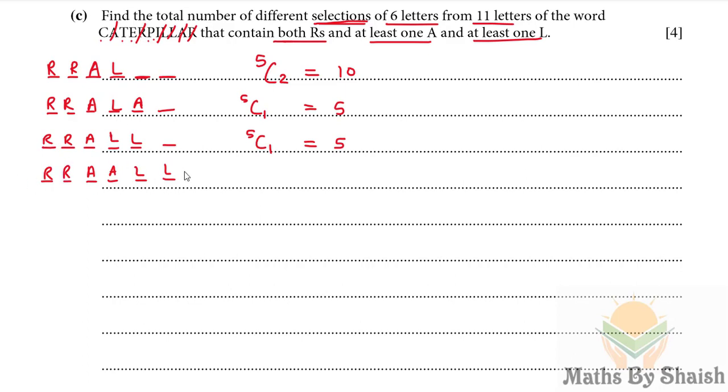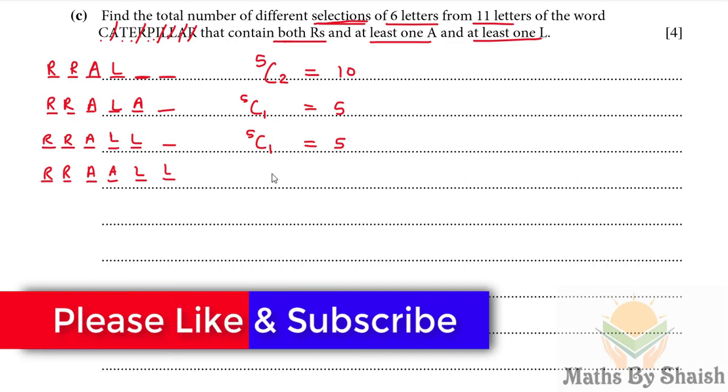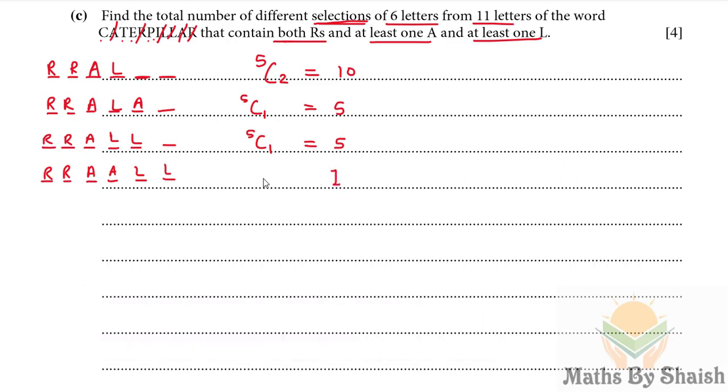And this last case can be done in only one way, because every space is fixed. Or we can write 5C0, which means we are not choosing anything out of these 5.